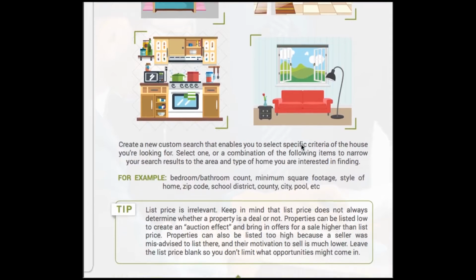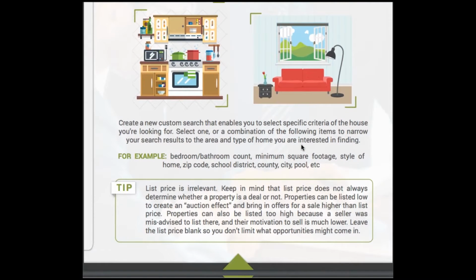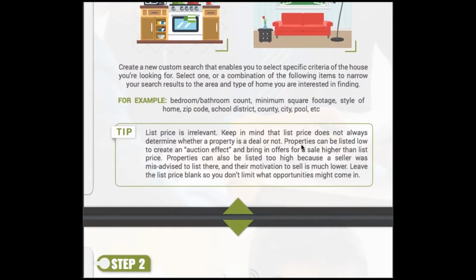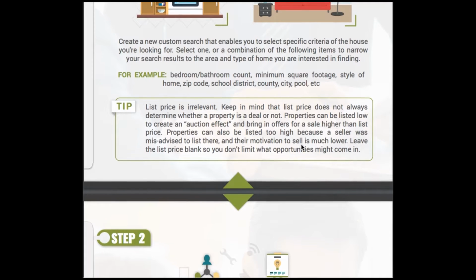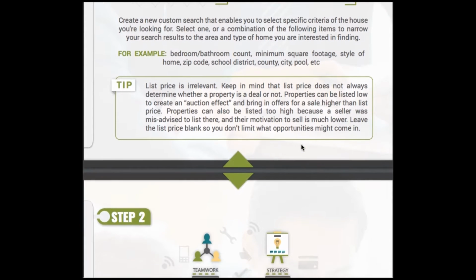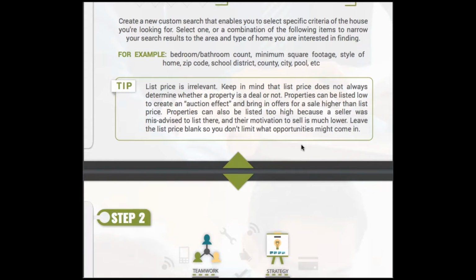Step one is you're going to go into the MLS and set up a custom search that enables you to select specific criteria of the house that you're looking for. You can select one or a combination of things. The more things you select and overlap, the narrower your search results get. The more broad and generic your search is, the wider your search net is.